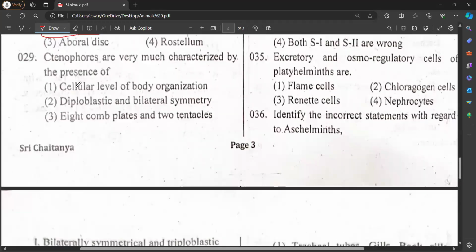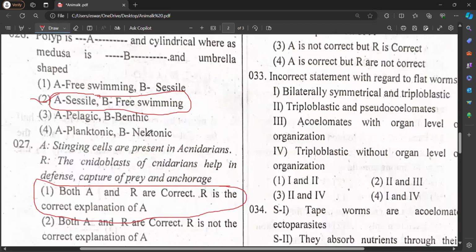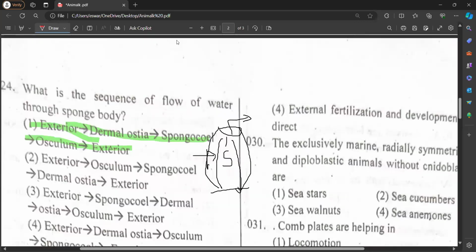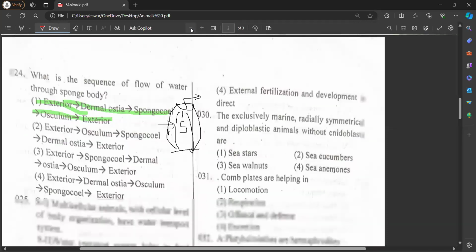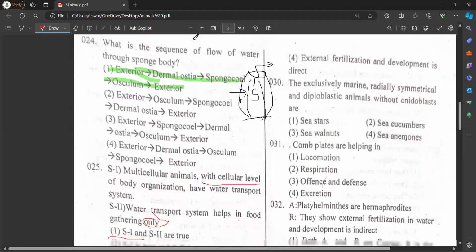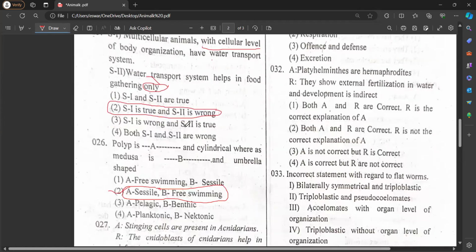Ctenophores are characterized by cellular level of body organization, diploblastic and radial symmetry, 8 comb plates with 2 tentacles, external fertilization, and direct development.